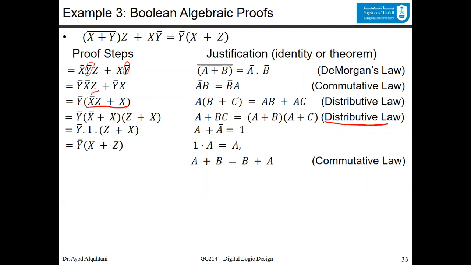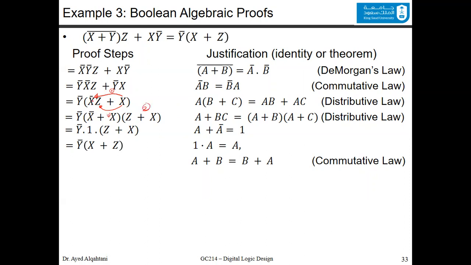This to the X. The X will be with X bar. And also to the Z. We distribute the OR into the AND. So the X will be X bar. You will have at the first arrow here, X bar or X. This is the first.